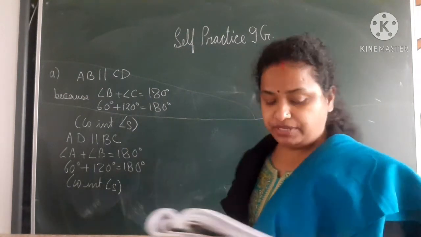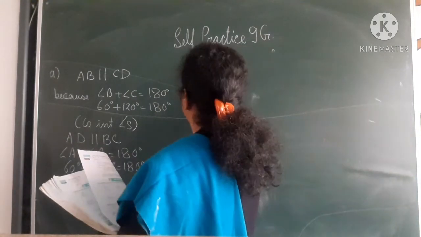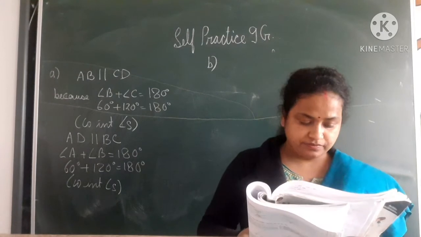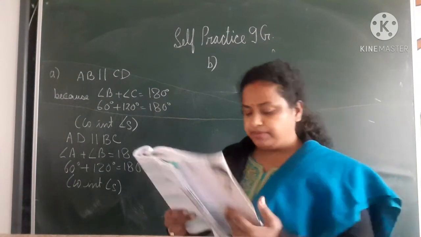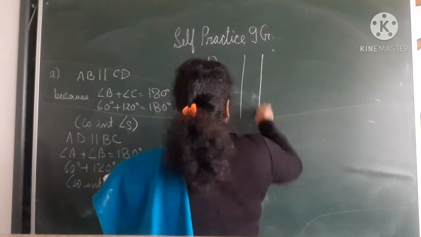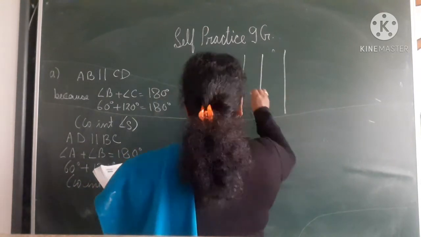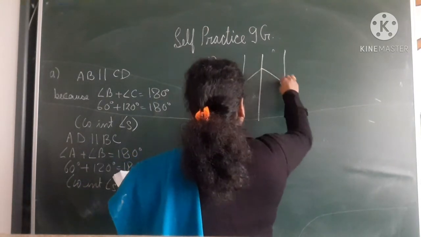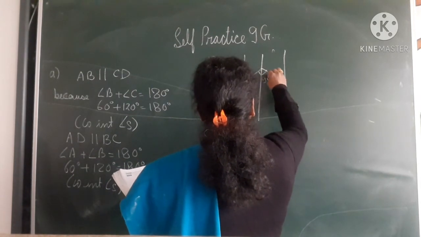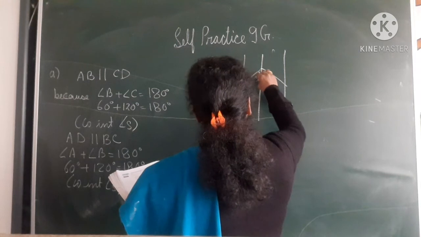Now see the B part of it. A, B, C, D, E, F. 3 lines are being drawn, and it is cut like this. Now this is your 90 degree, and here it is given it is 35 degree.